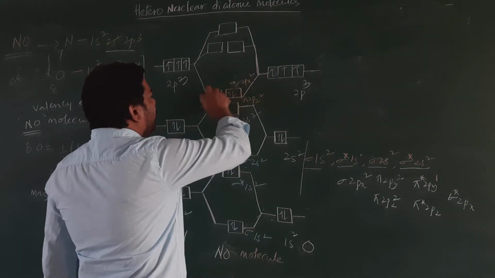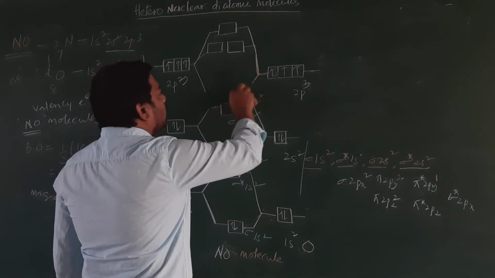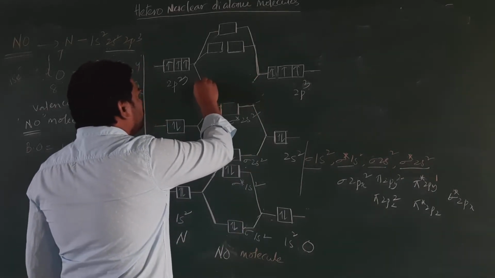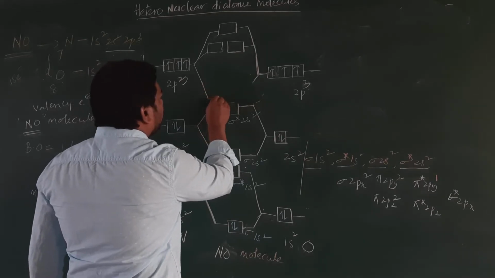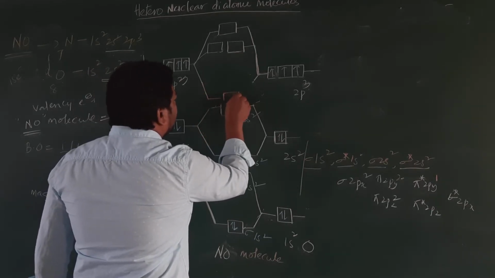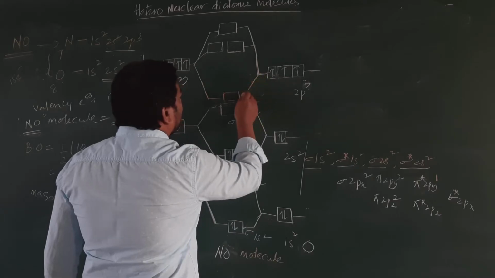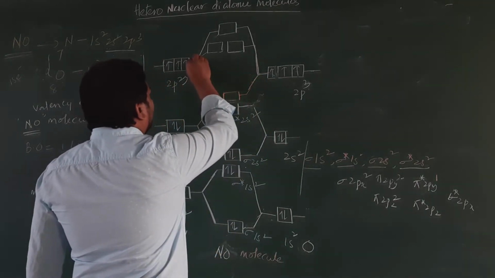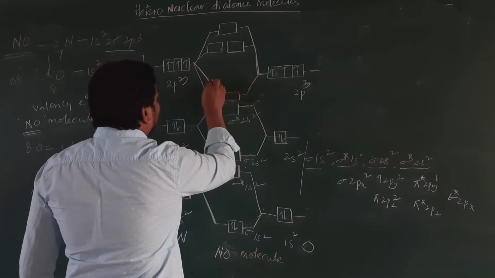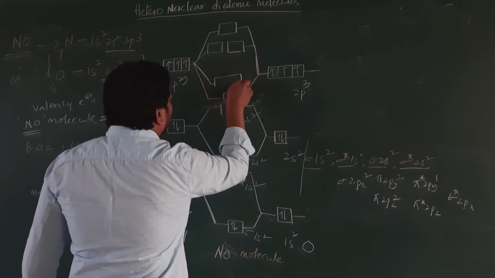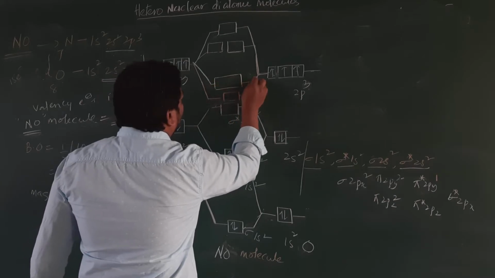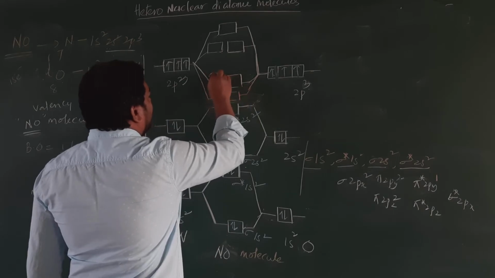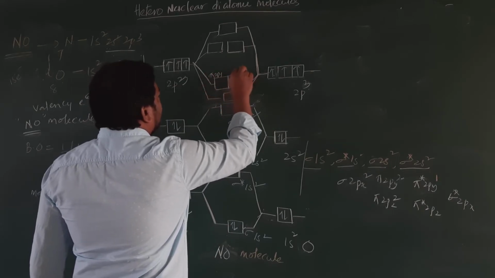So here you can see, this is sigma 2px2, student. Then another energy level, that is pi 2py and pi 2pz. So this is pi 2py, pi 2pz.